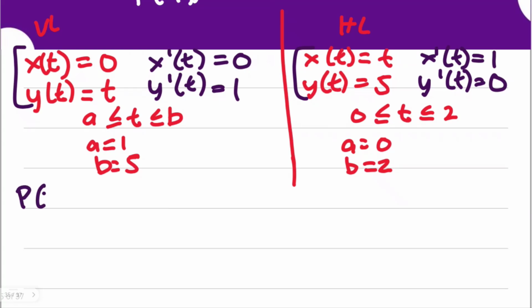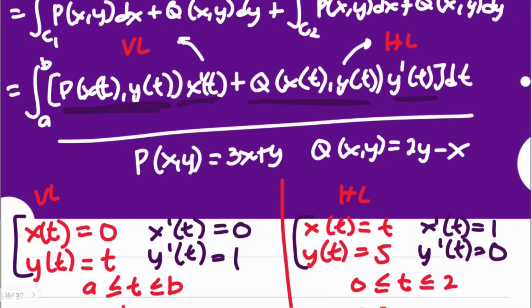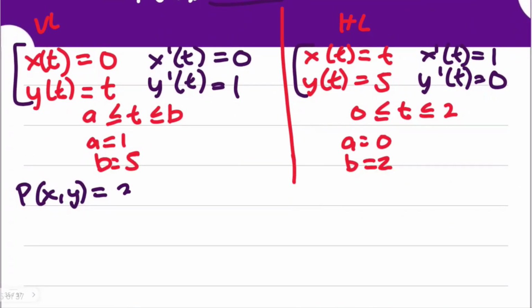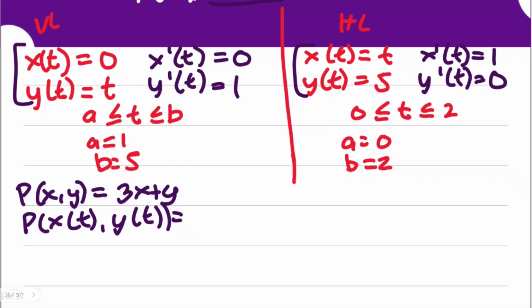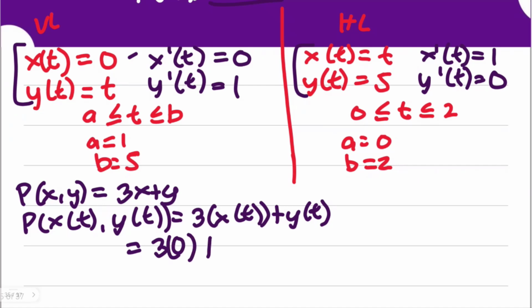For your p of xy, which is supposedly 3x plus y, it will now be changed into p of x of t and y of t. Instead, you will have here 3 of x of t plus your y of t. So for our vertical line path, your x of t is 0, so you have 3 times 0 plus your y of t, which is t, giving us t.